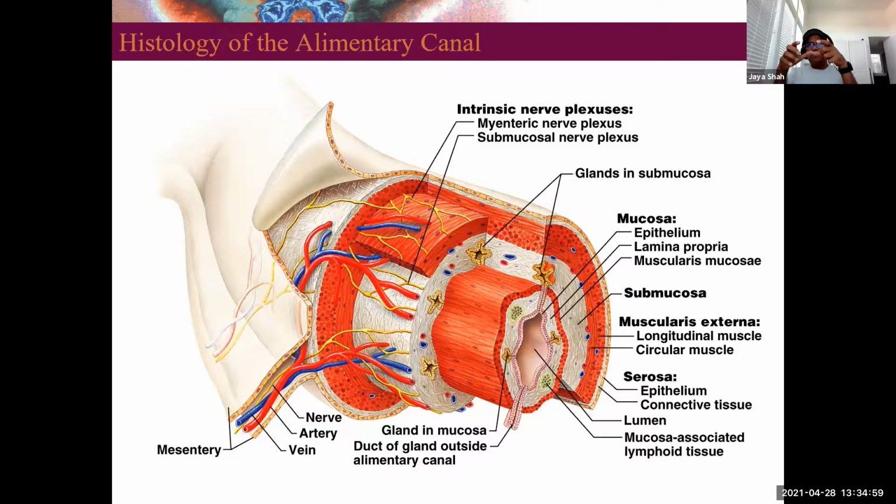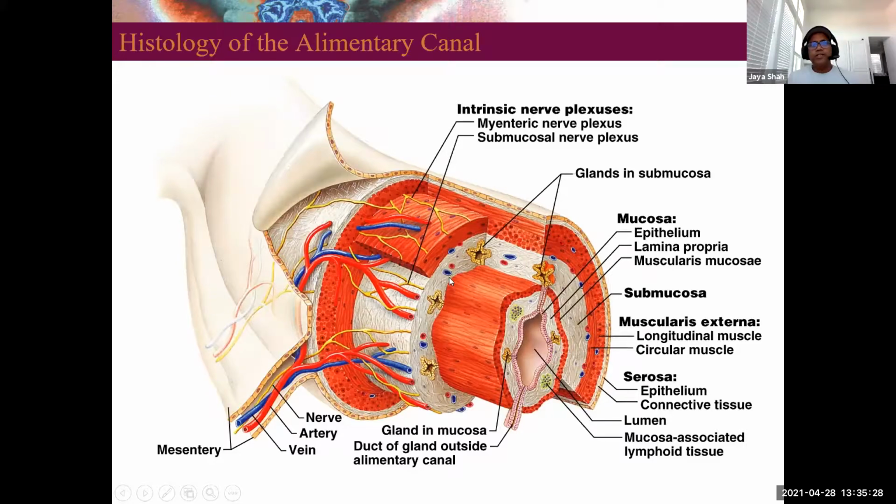Longitudinal muscles are arranged in the length of the GI tract, whereas circular muscle is arranged around the circumference of the GI tract. So when longitudinal muscle contracts, it decreases the length of the GI tract. When circular muscle contracts, it reduces the diameter of the GI tract. Okay?